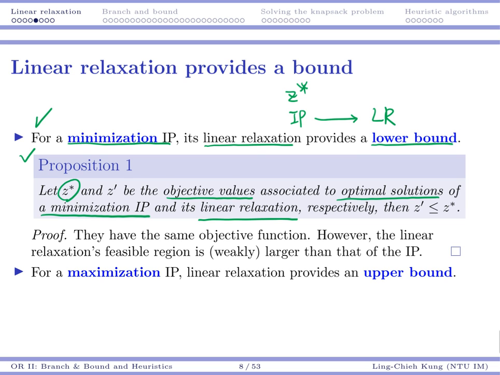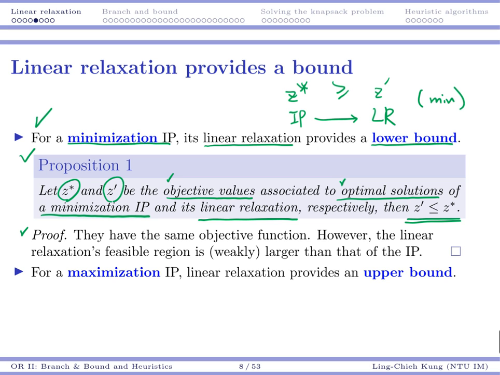We may also solve that linear program and get its optimal solution with objective value. Let's call it z prime. Okay? Then the fact is that z prime is going to be less than or equal to z star for a minimization problem. Okay? Why is that?